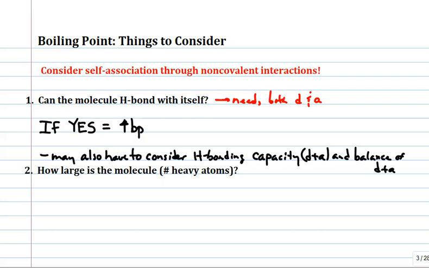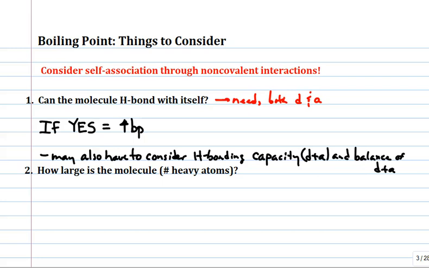What is its size? If everything is a tie, that is, both the molecules you're looking at to rank according to boiling point can hydrogen bond with itself, and both are the same size, you may have to come back to hydrogen bonding to break that tie.